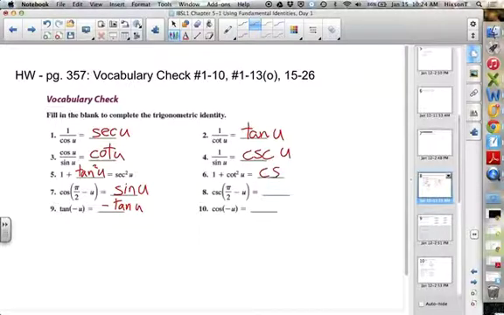Number 6, 1 plus cotangent squared is? Cosecant squared. How about cosecant of pi over 2 minus u? Secant of u. And cosine of negative u? It's the same as cosine of positive u.